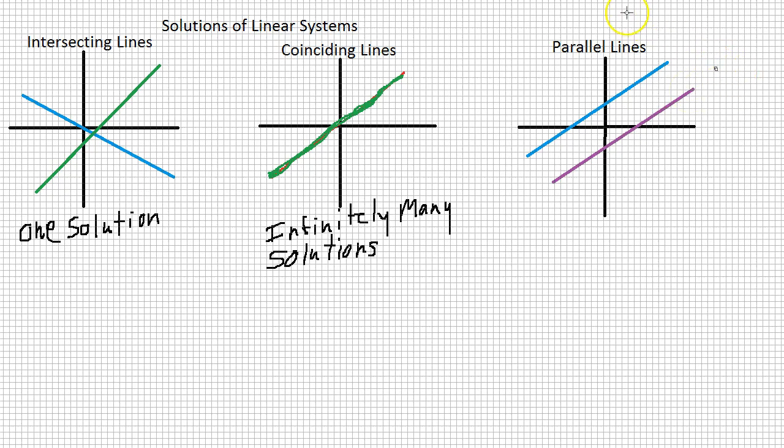Well, we know parallel lines have the same slope, right? Well, what else? We know they never cross either. And if the solution is the point where the lines cross, and the lines never cross, how many solutions can there be? That's right, there isn't any. So there's no solutions.